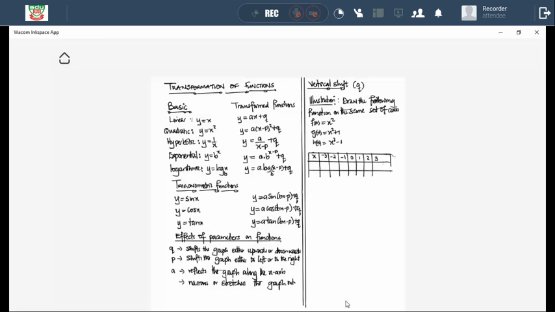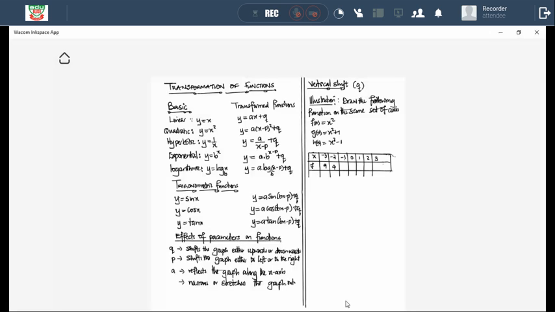Now, I've got my table of values like that. The first one, I'm going to look at f, and you can see that f is equal to x squared. I'm going to take negative 3, the value of x, and plug it where there's x squared. Negative 3 all squared gives you 9. Negative 2, plug it there, it becomes 4.